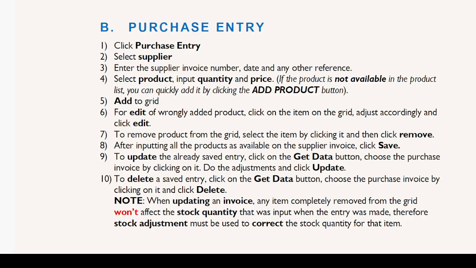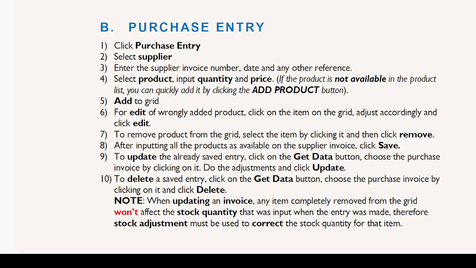Add to grid. For editing a wrongly added product, click on the item on the grid, adjust accordingly, and click Edit. To remove a product from the grid, select the item by clicking it and then click Remove. After inputting all the products available on the supplier invoice, click Save.